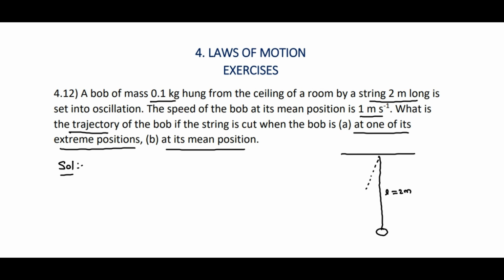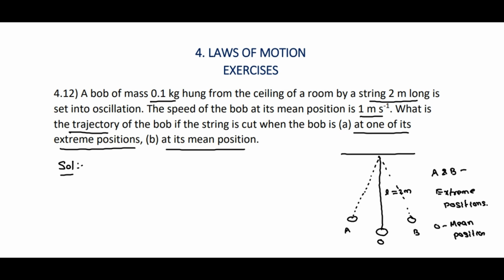Whenever it undergoes oscillation, suppose I name the points O, A and B. A and B are called extreme positions, and O is called the mean position.